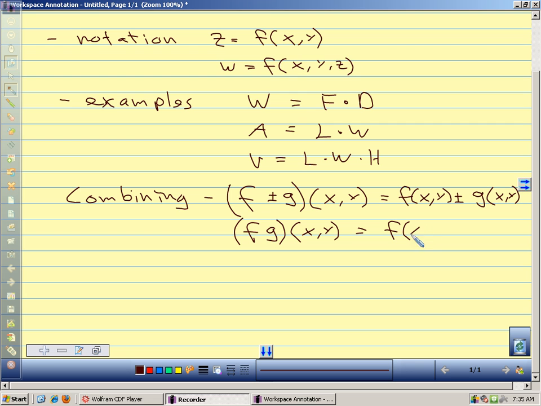That's just f of x, y times g of x, y. Just like we'd expect. Dividing, same thing. And with this, we don't want g to be 0.